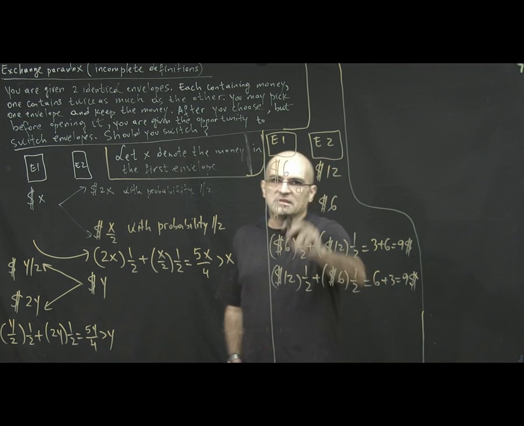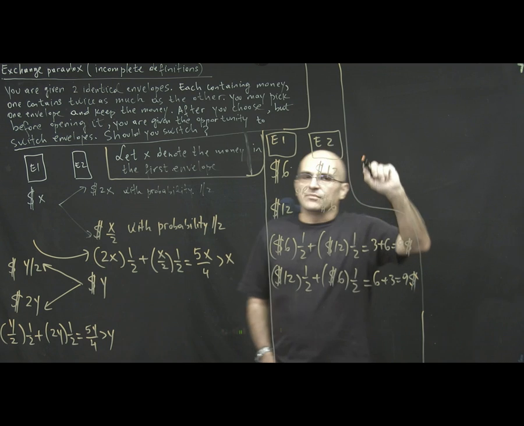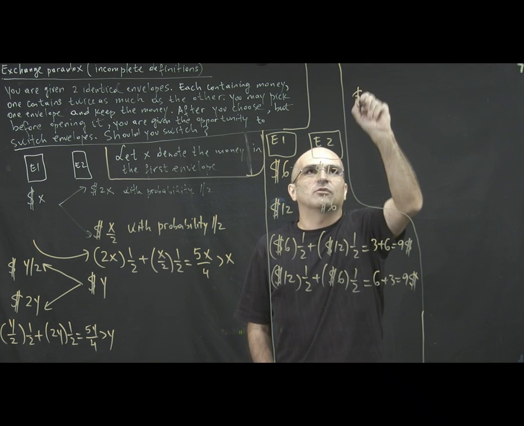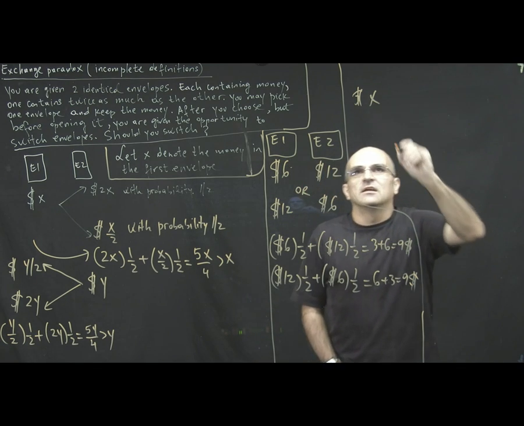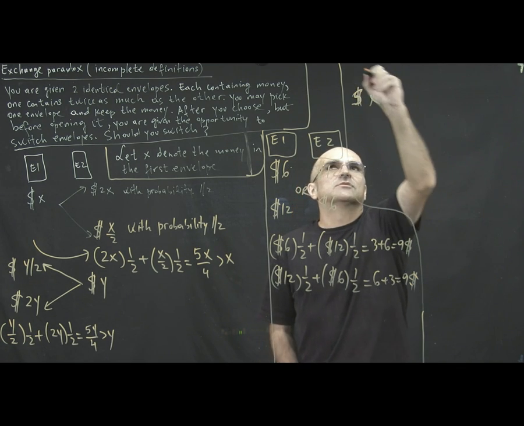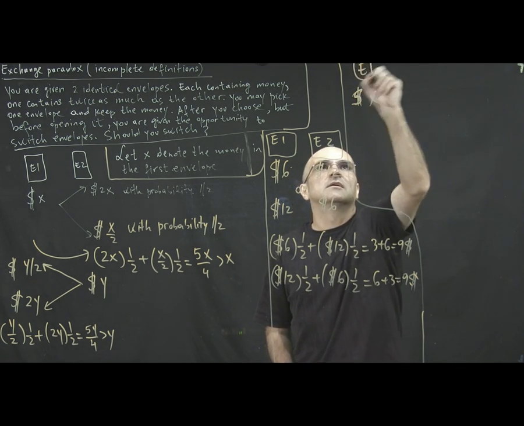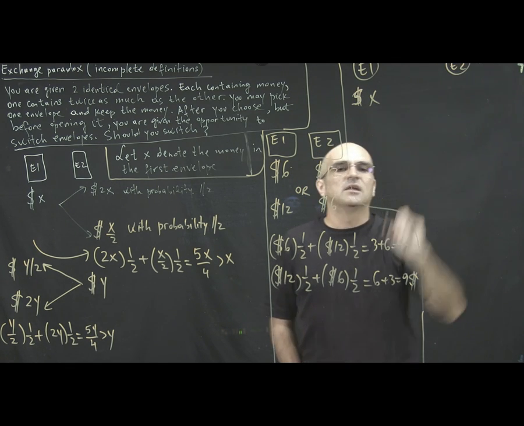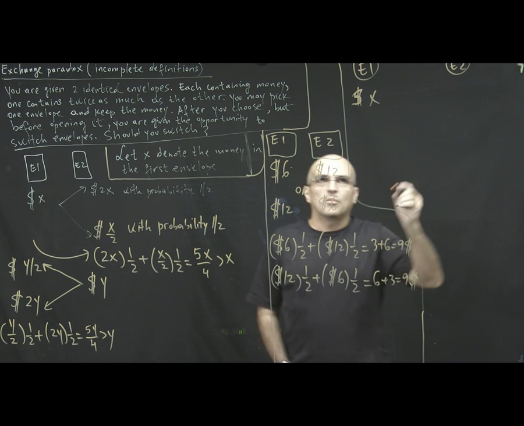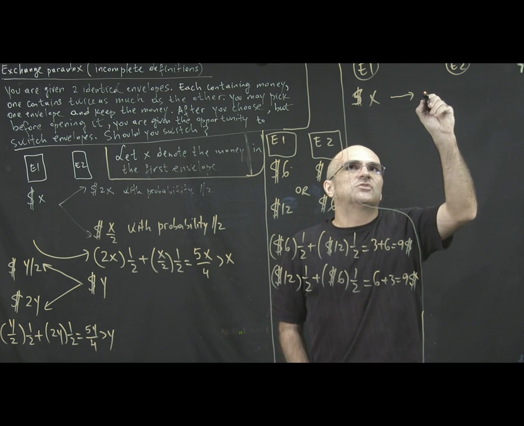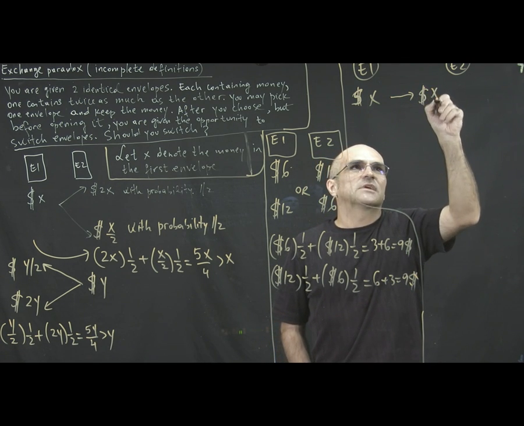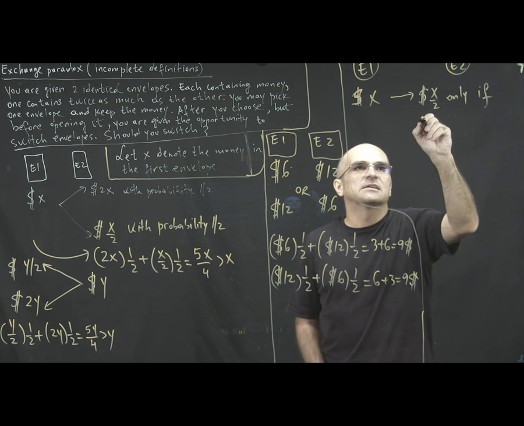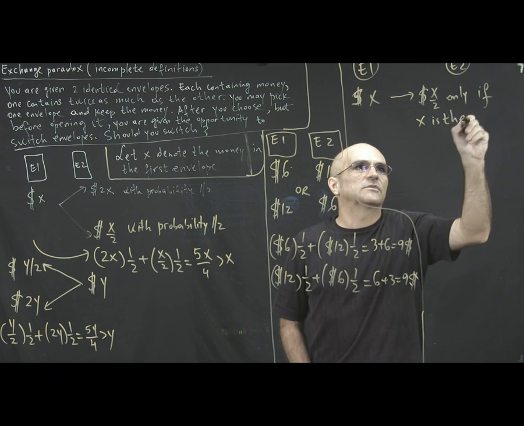To put it simply in this example, let's say I start with x in the first envelope, so x dollars. That's envelope 1, and that's envelope 2 here. The second envelope contains half the amount, x over 2, only if x is the larger amount.